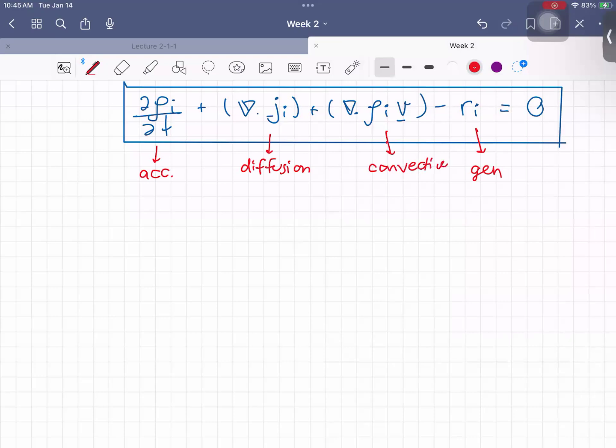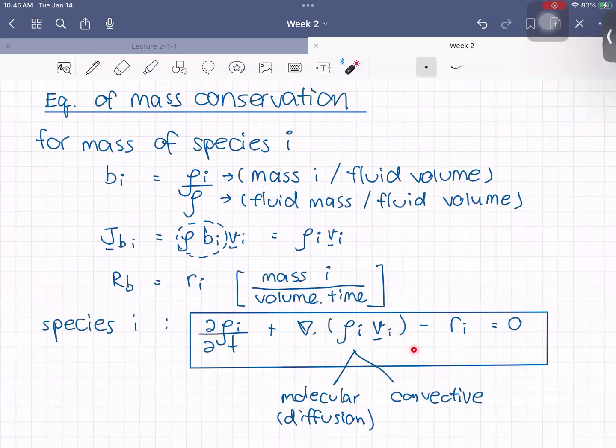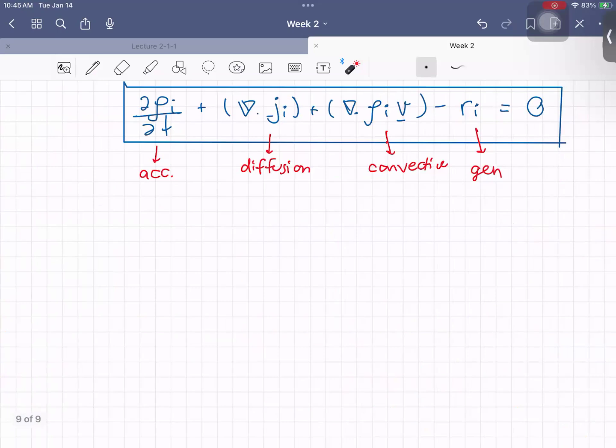Why do I need to separate into two terms like this instead of one term like this equation? It's because when you apply this equation to real problems, like I mentioned, it will be easier for you to substitute into these terms, because in some systems there is no convective term.